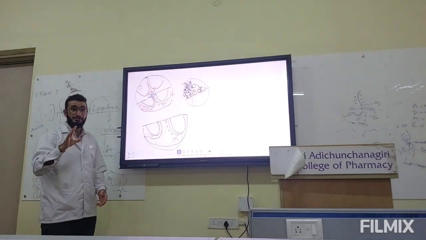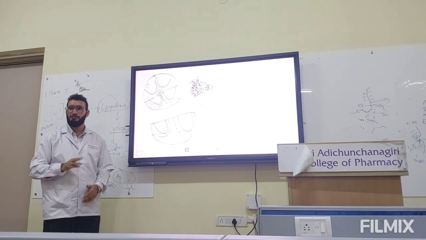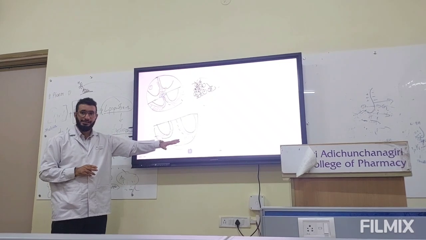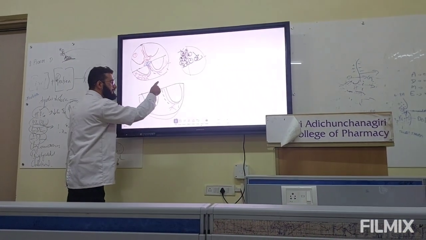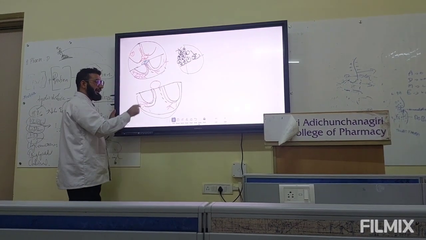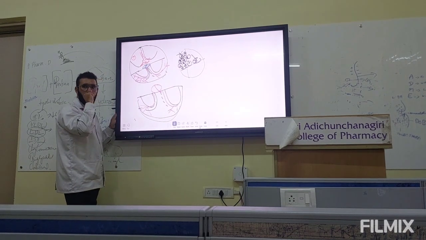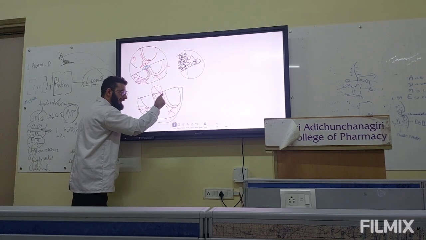So the ventricular depolarization will occur in 3 stages. First, septal depolarization, then major ventricular depolarization, then basal depolarization. See, this is the AV node. When current passes from the AV node to the ventricle, the bundle of His will carry the current.